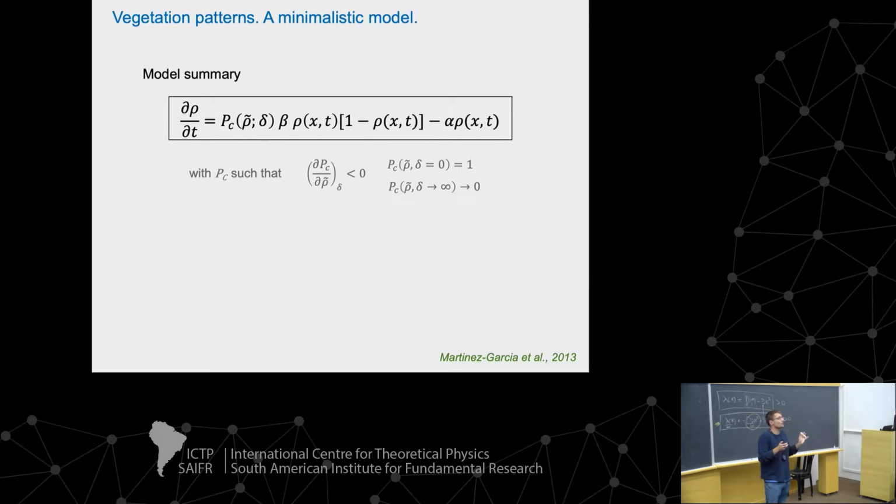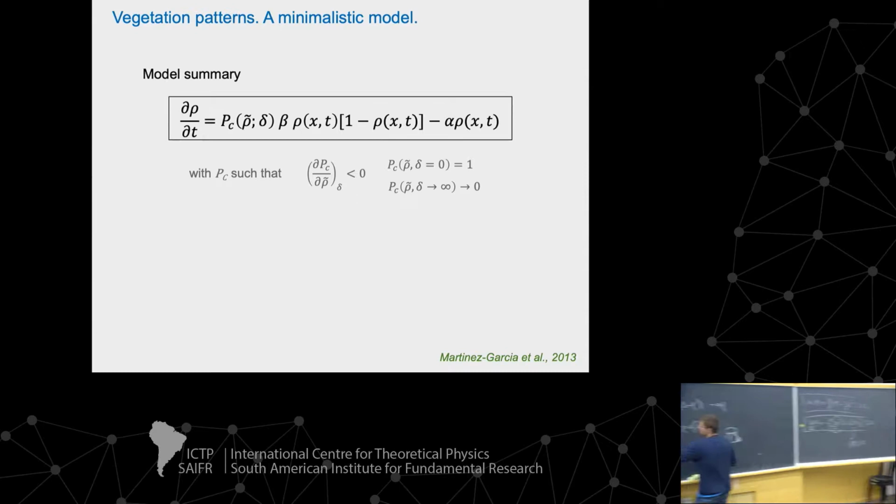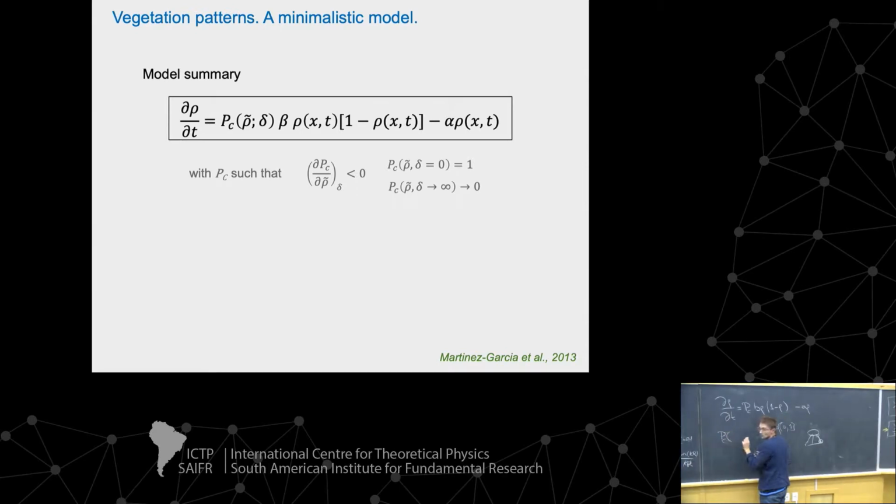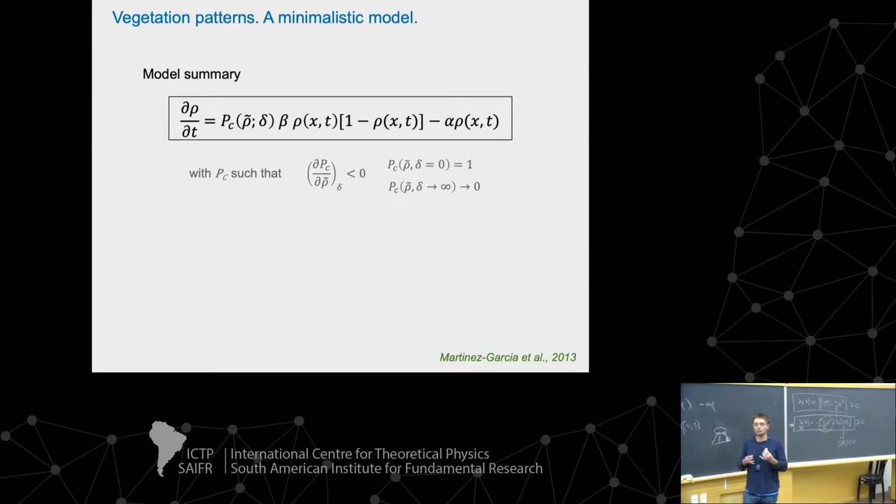Then, of course, in any model that we make, we have to make choices and finer assumptions, and then we need to see how robust our results are against these choices. What is this delta? My PC, my probability of overcoming the competition, is a function of how many trees there are around that position, and this parameter delta is giving us the intensity of the fight for water, the amount of water in the system.